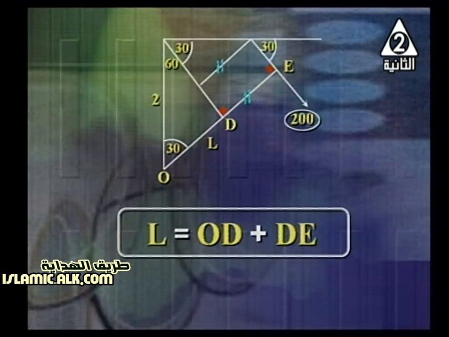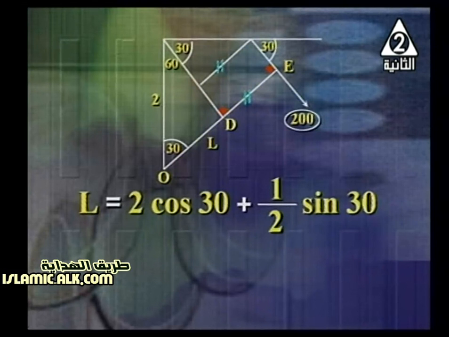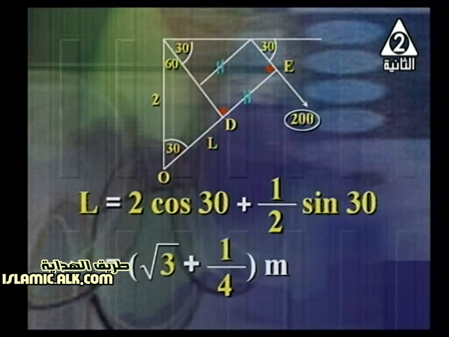Remember, DE is in a right triangle, opposite angle 30 degrees, and equals half the length of the hypotenuse. Then L equals 2 cosine 30 plus 1 over 2 sine 30, which equals root 3 plus a quarter meter.